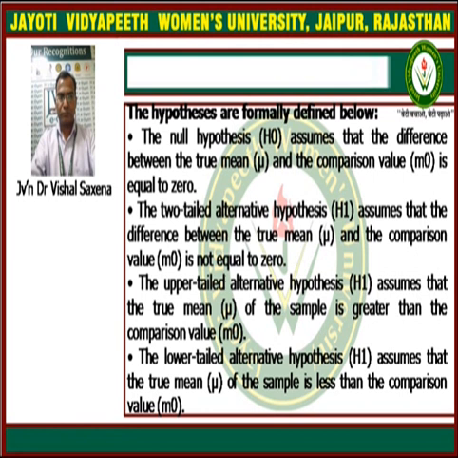So next, the hypotheses are formally defined below. What are the hypotheses we should take for this one sample t-test? Definitely the null hypothesis will be taken in the usual way, where the difference between the true mean value mu and the comparison mean value m0 is equal to 0.